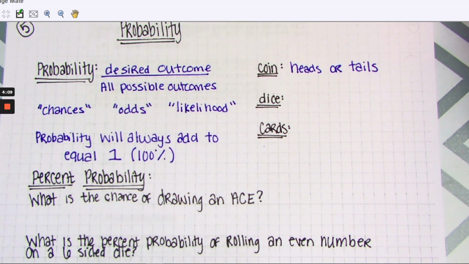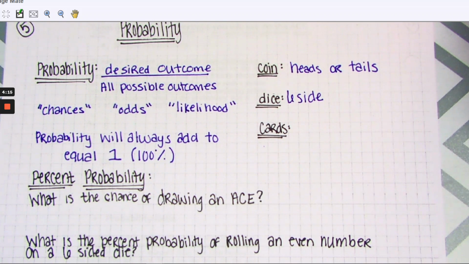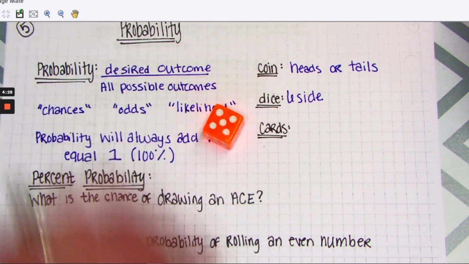Heads or tails. Dice. If you are working with a 6-sided die, this is how you call it a die, so I'll grab one. So here is the 6-sided die. You have to understand evens and odds. So how many even numbers are on a 6-sided die? 3.